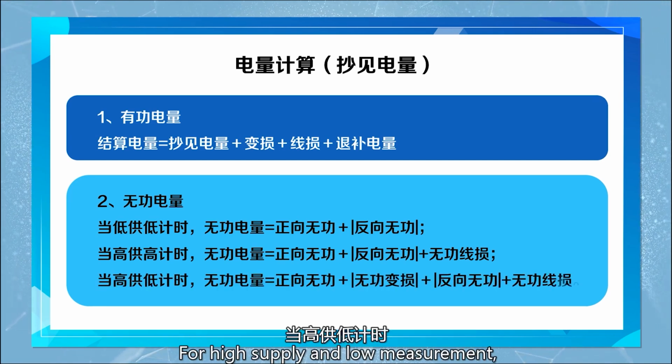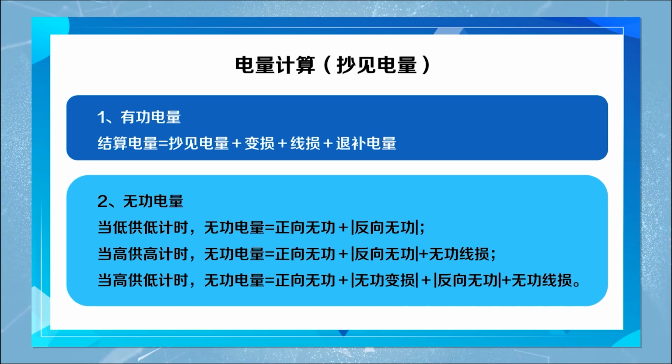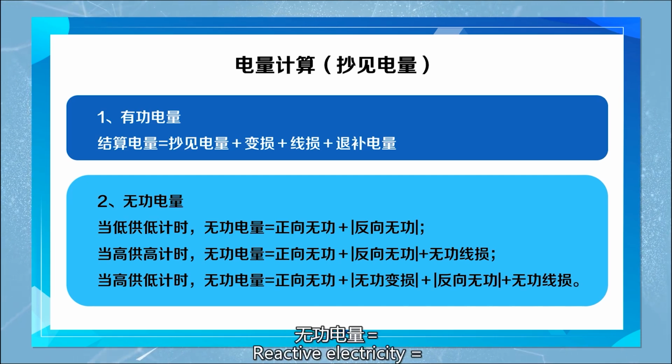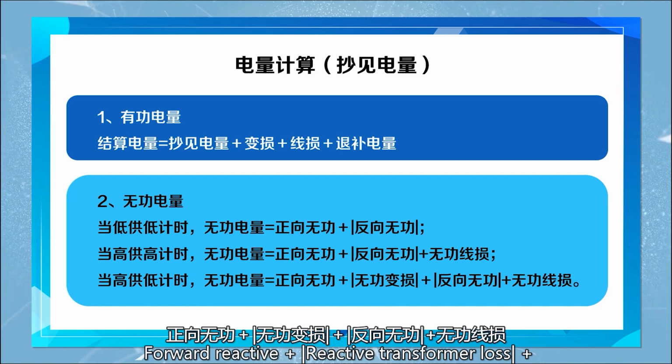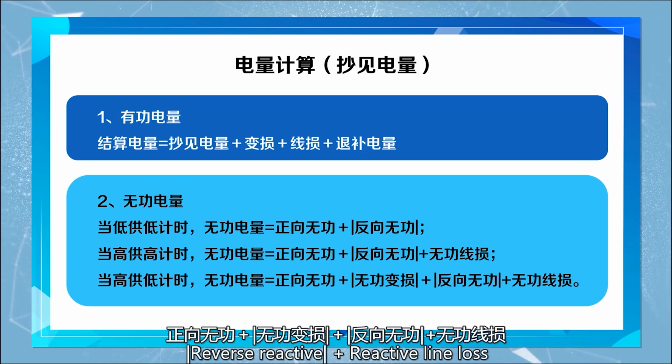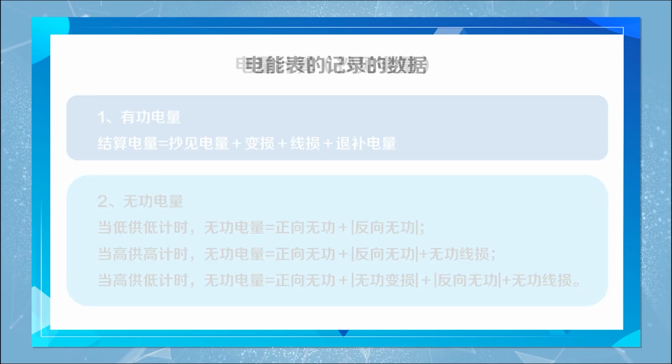For high supply and low measurement, reactive electricity equals forward reactive plus the absolute value of reactive transformer loss plus the absolute value of reverse reactive plus reactive line loss.